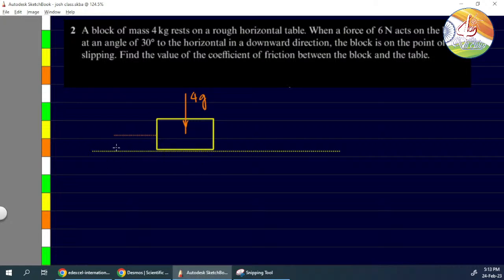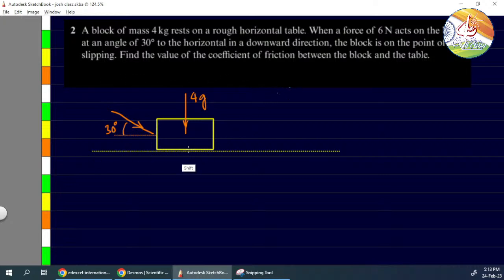Downward direction means from here we need to take it downward. The angle here is 30 degrees. The block is at the point of slipping. Find the value of coefficient of friction.